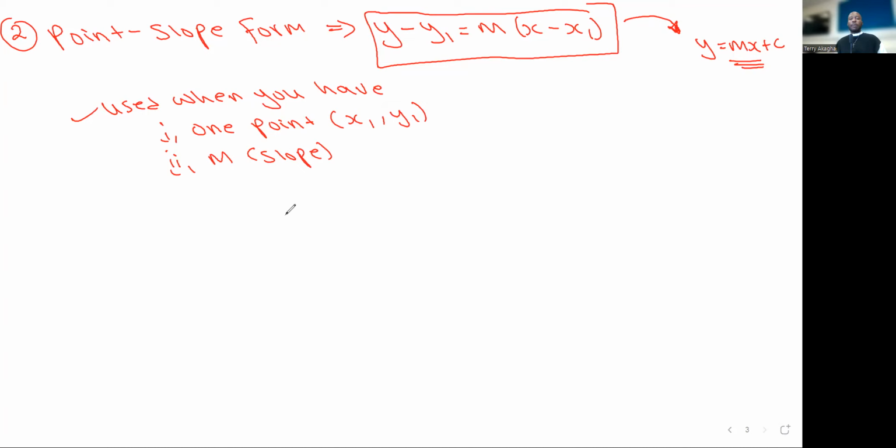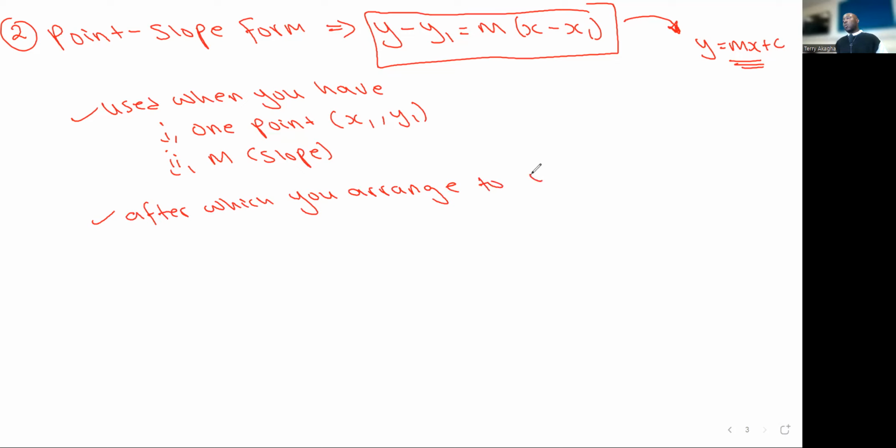Then usually, like I said, after you're done substituting, you rearrange it back to y equals mx plus c, the slope-intercept form.